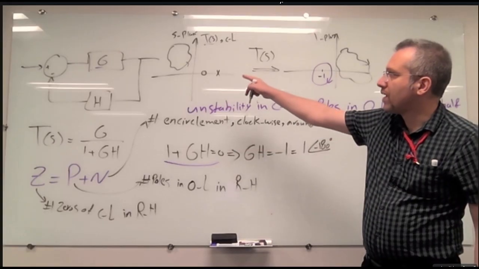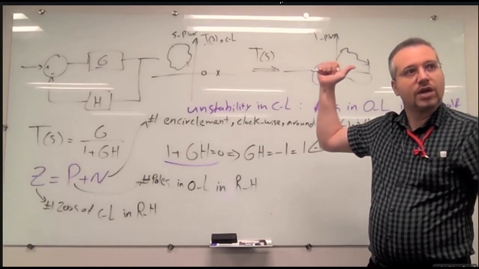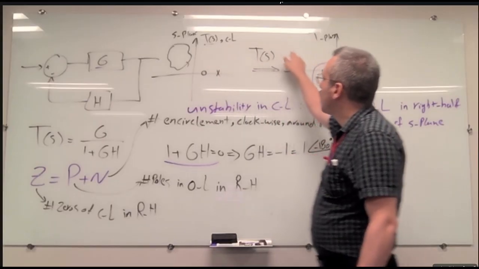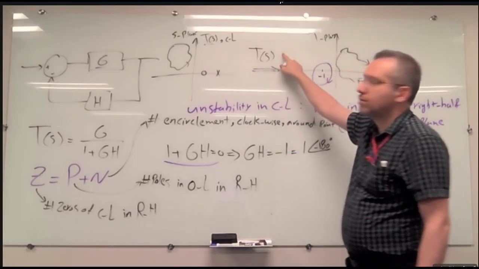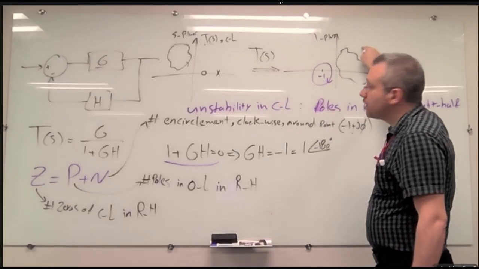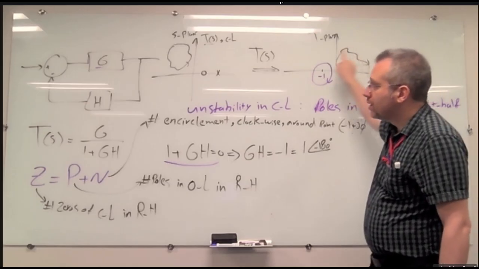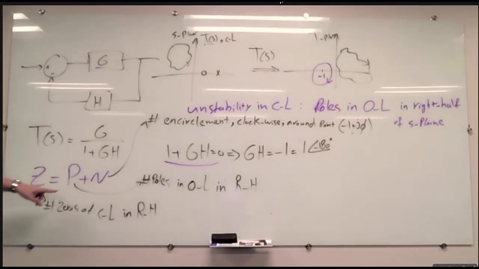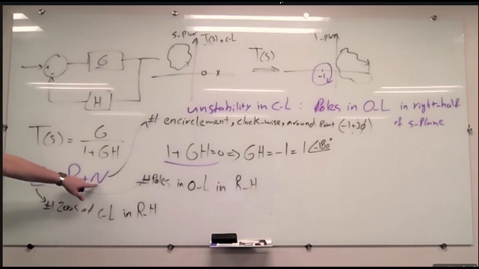In this example, we have 1 zero in the right hand side and 1 pole in the right hand side. When we map the contour in the T-plane, if we see any number of encirclements around -1, we are unstable, because then this equation is not met.